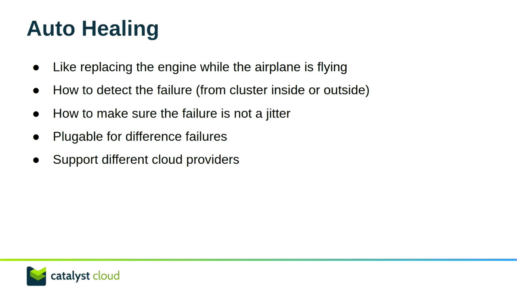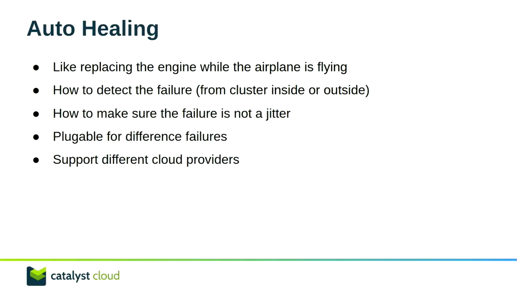So as a cloud provider, for example in the OpenStack case, OpenStack Magnum can't talk to a private cluster because it's totally isolated from the internet, even from the control plane. So in that case, the only way we can reach the cluster is running something inside the cluster to detect the failure and report the status back to the control plane.